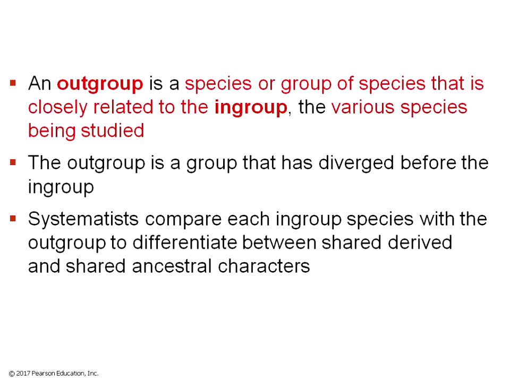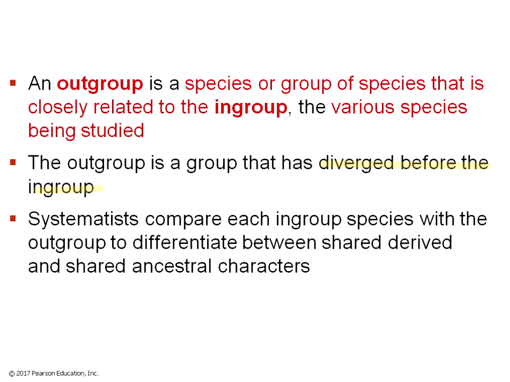An outgroup, I told you guys we would define this. It's a species or a group of species that is closely related to the in-group, okay, the various species being studied. But the outgroup, and I'll highlight this, the outgroup actually diverged before the in-group.